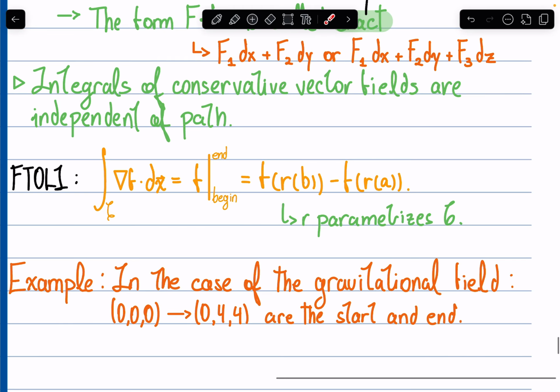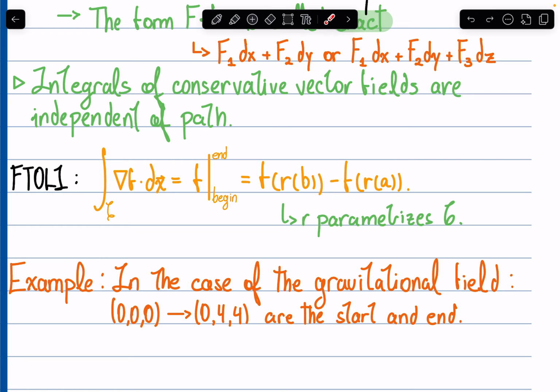The important property of conservative vector fields is that their integrals are independent of path. There is a main theorem for this section, which is the fundamental theorem of line integrals, which says that when you integrate a conservative vector field, which can be expressed as the gradient of a potential function, then the result is just the potential function evaluated at the beginning and the end points. So in this case, if your curve C is parameterized by a function r, then the resulting integral will be the potential evaluated at the end point minus the potential evaluated at the starting point.